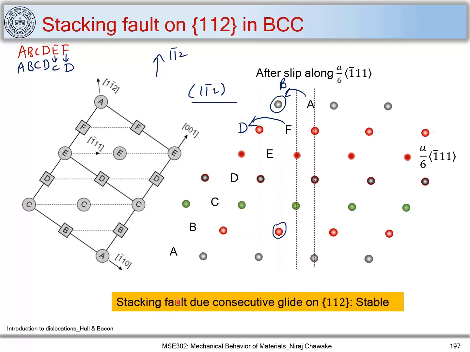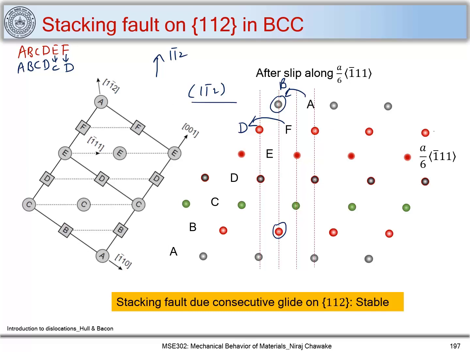So stacking fault due to consecutive glide on 112 plane. So these were the consecutive planes, and we glide it by a/6 [-111] magnitude, and this remains stable. So in 112 type of planes, you can get a stacking fault. So let us write it down before we wind it up.